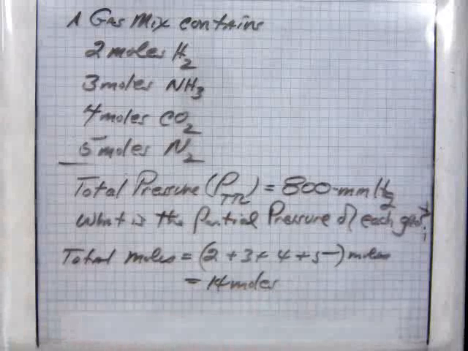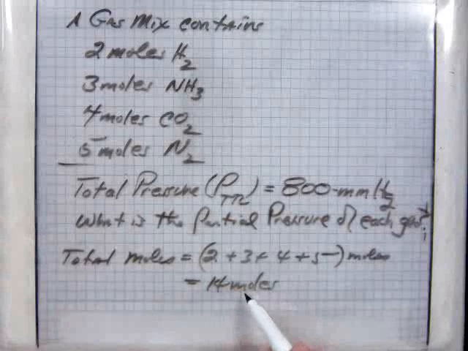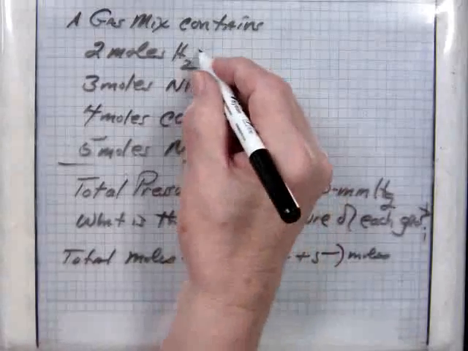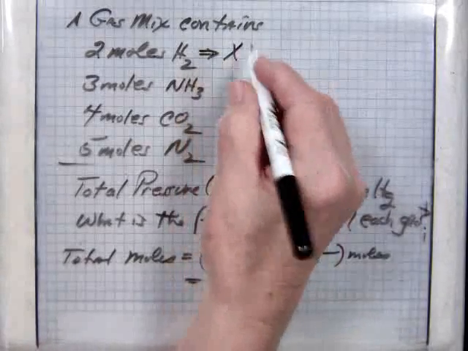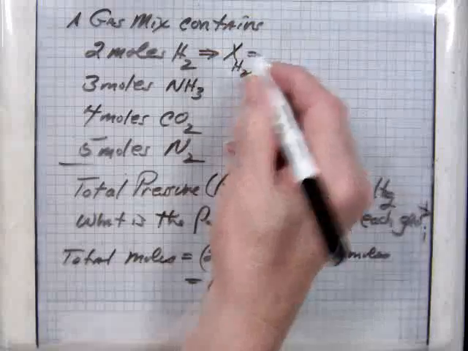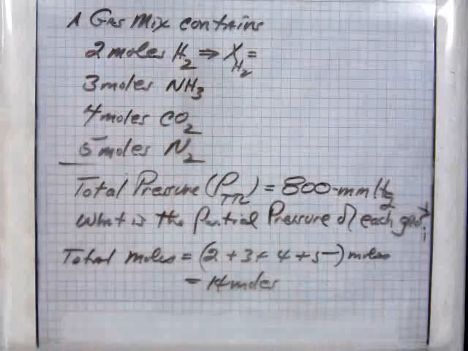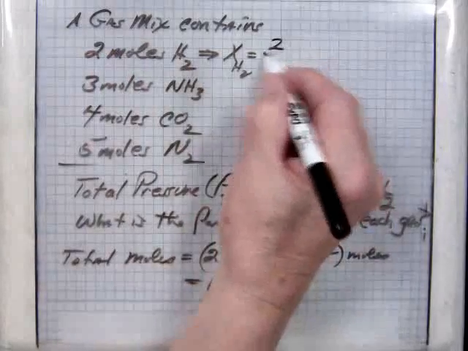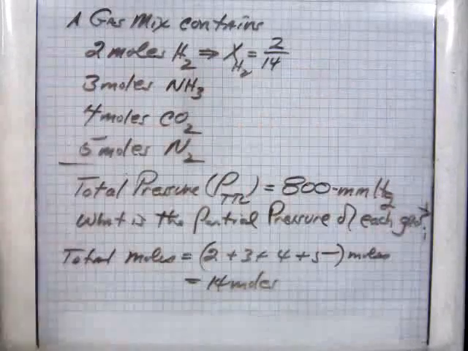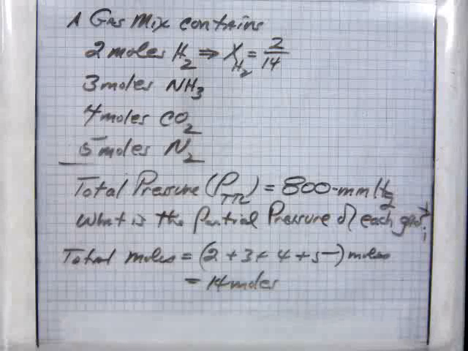So the total is 14. If I want the mole fraction X for H2, it would be 2 parts out of 14, part over total. Okay? So that'd be 2 over 14. Mole fractions do not have units. It's like a percentage.